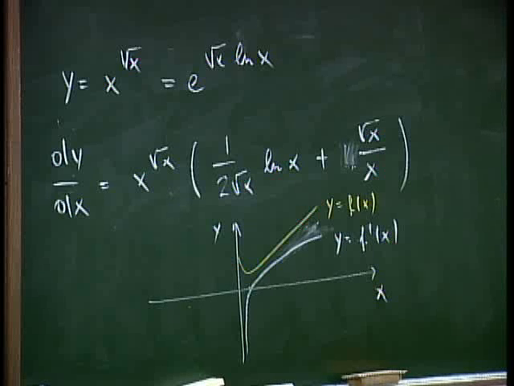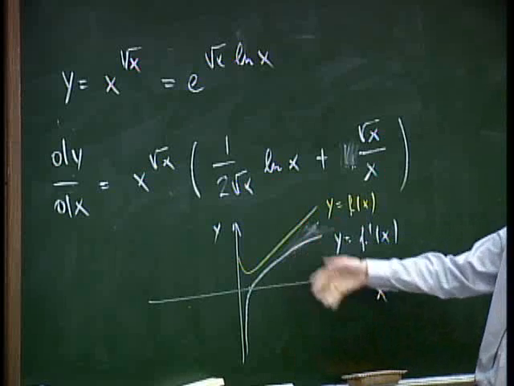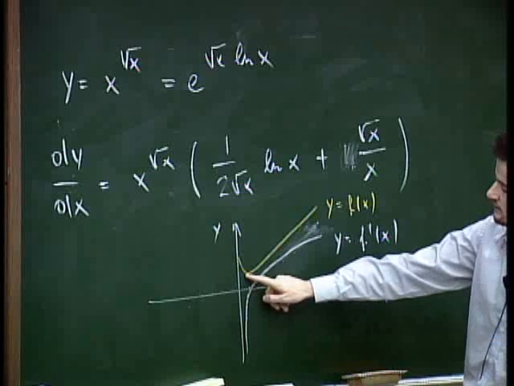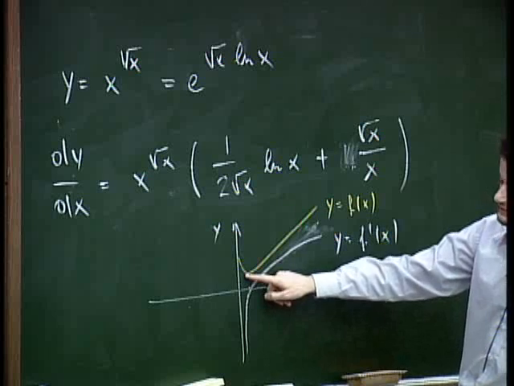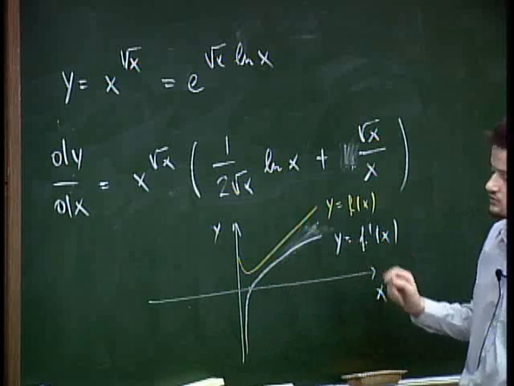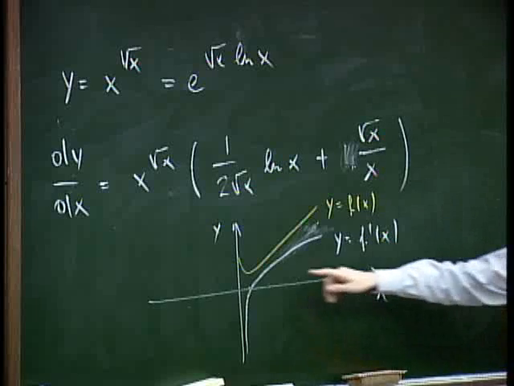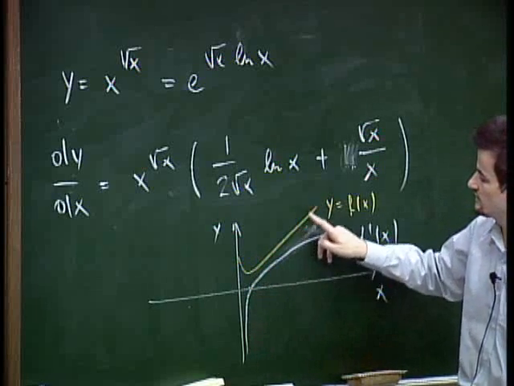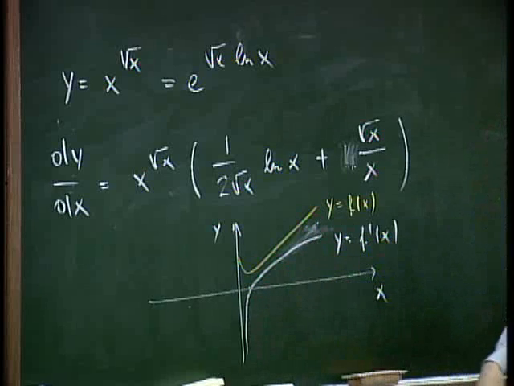And you see, if you compare the properties, that at this point the slope is equal to 0. The slope of the tangent is equal to 0, which is correct if you look at the derivative. You see that here the slope is negative, which you see here, and you see that here the slope is positive, which you see here.